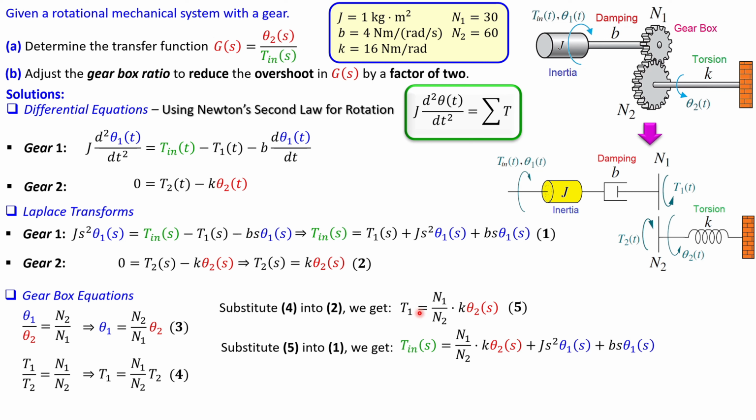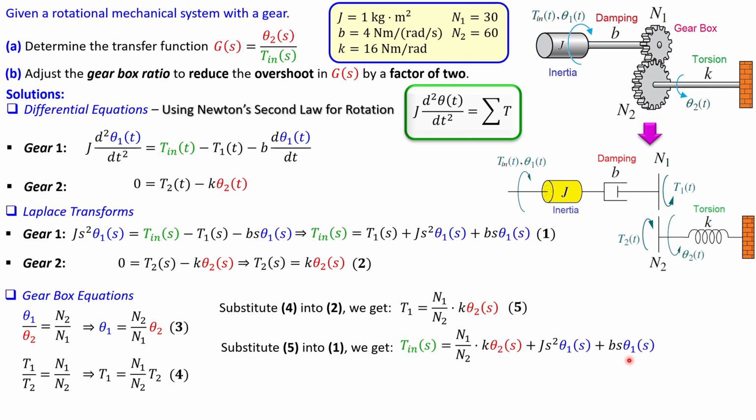Tin is equal to this term completely, so n1 over n2 times k times θ2 plus this complete term here. So we haven't changed that. And what you recognize here is that it's almost what we want. There's of course the θ1 here, so we need to replace that.